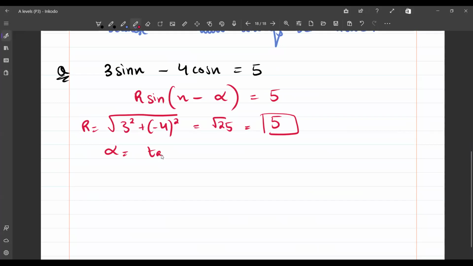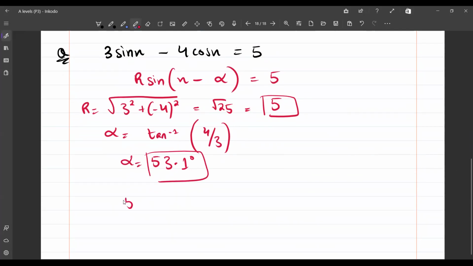Alpha is tan inverse 4 upon 3, b upon a. We ignore the signs, and alpha is 53.1 degrees. All right. So we have r and we have alpha.